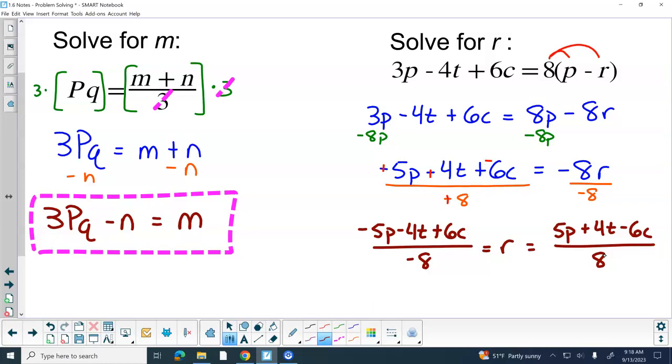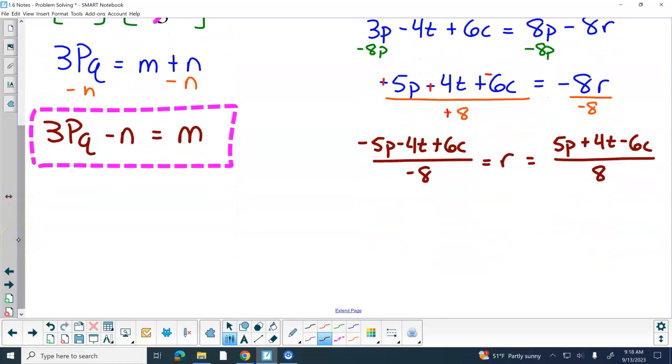We could also write this one as 5p over 8 plus t over 2 minus 3c over 4, if I divided each individual term by 8. If we do it that last way, those fractions have to reduce.